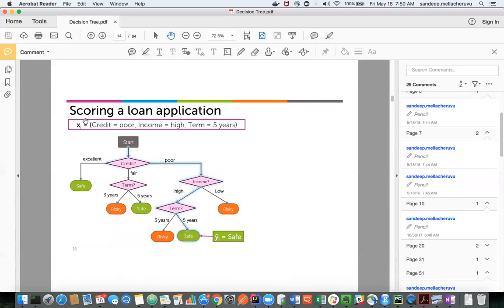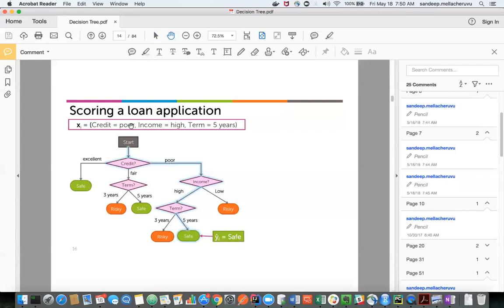So again, he is giving some more examples. When credit history is poor, which is this direction, and income is high, which is this direction, and loan term is 5 years, then it is safe.